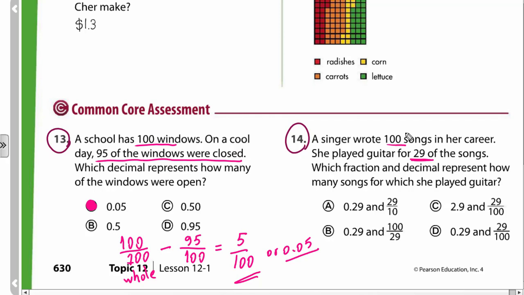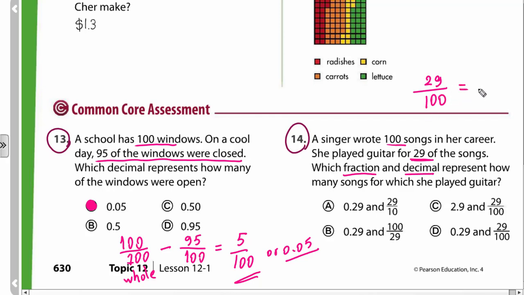Which fraction and decimal represent how many of the songs she played guitar for? Okay, let's start with the fraction. 29 songs out of 100. Okay, so this is the fraction.